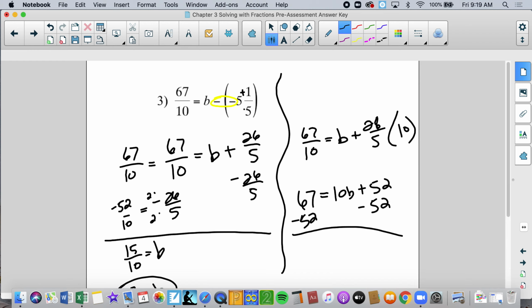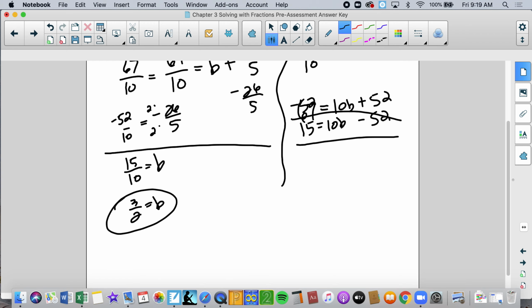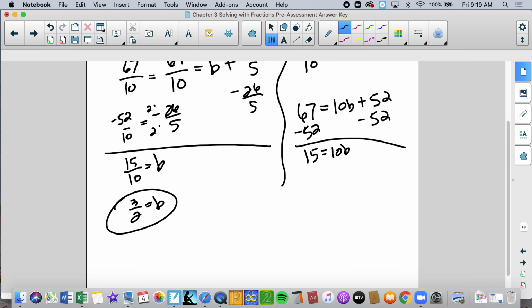And we're noticing the similarities between method 1 and method 2. You see a lot of the same numbers. Whoa, what happened there? I don't even know what happened there. Oh, that's right. Hold on. That's kind of weird. Divide by 10, divide by 10, and you get 15/10 equals b, and 3/2, dividing the numerator and denominator by 5.